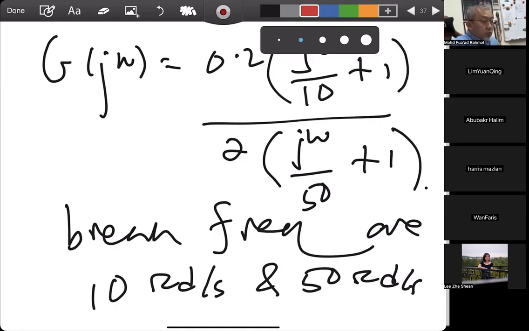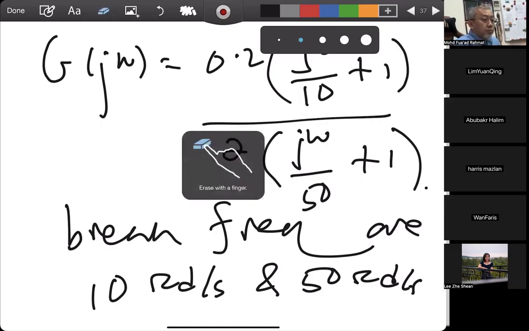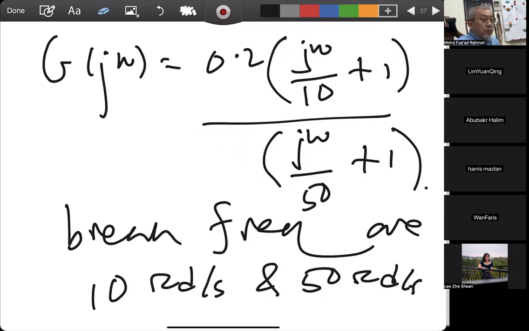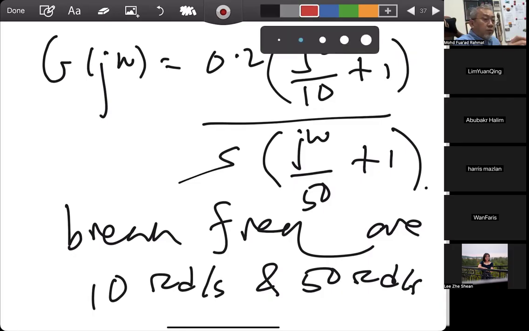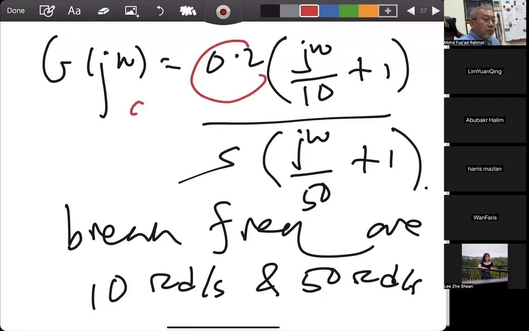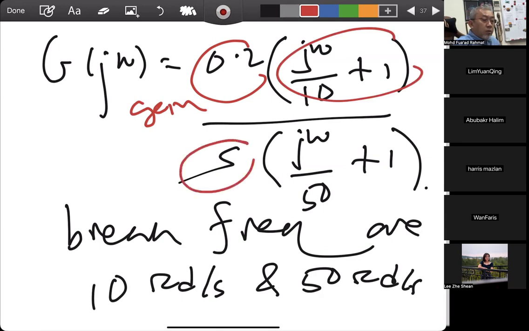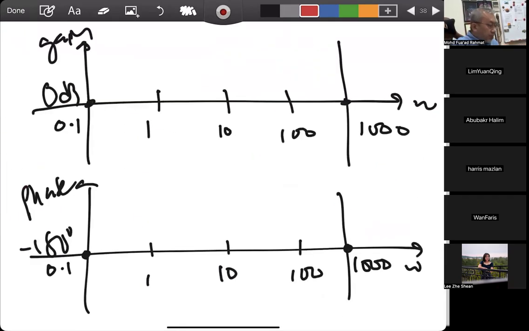This one is s. You have 4 factors: gain, pole at minus 10 at 10 radian per second, pole at the origin, and pole at minus 50. So you have 4. Nevin, can you help me? 20 log 0.2, please.